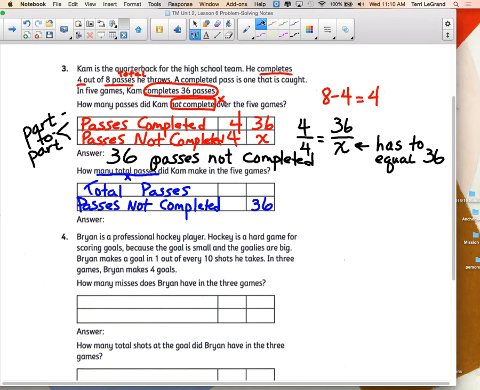Okay, I'll help you out. Remember, he threw 8 passes? And how many of those did he not complete? 4. He did not complete 4 of them.